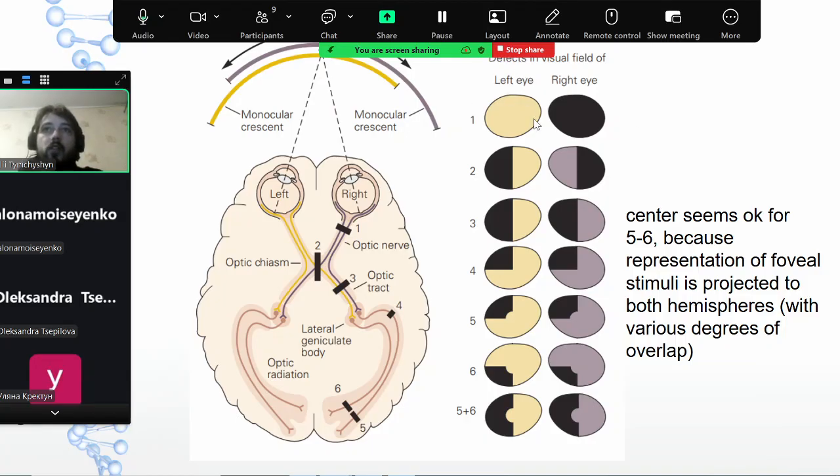Here you see the image that gets into the left eye and the right eye, and what happens if anything is broken. If the optic nerve gets damaged, that's pretty obvious: you just don't get any signal from the eye.